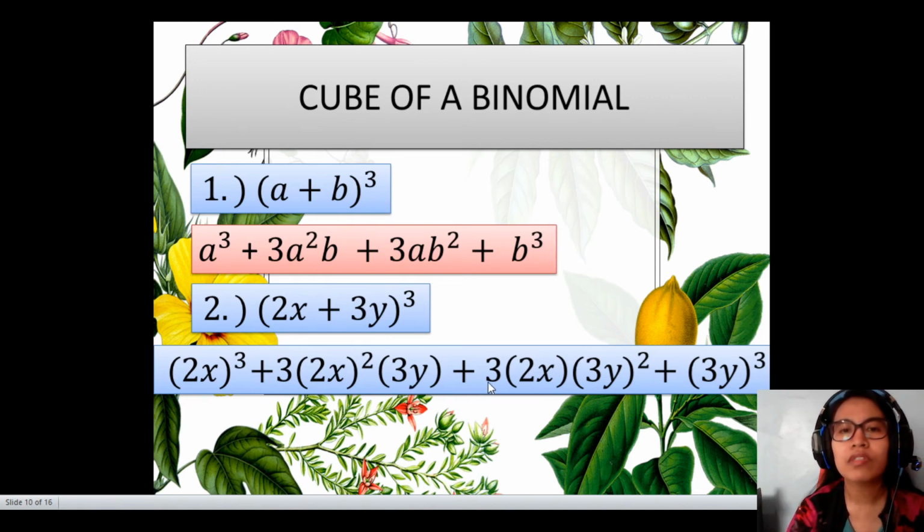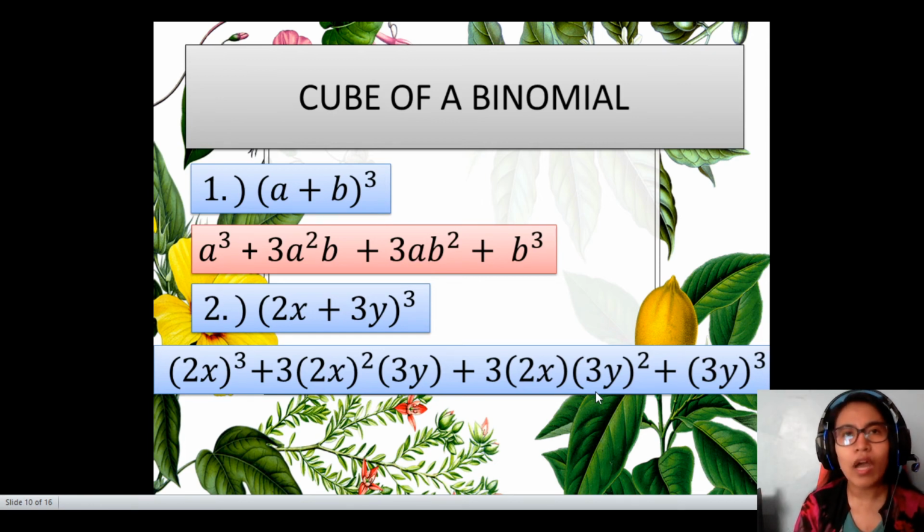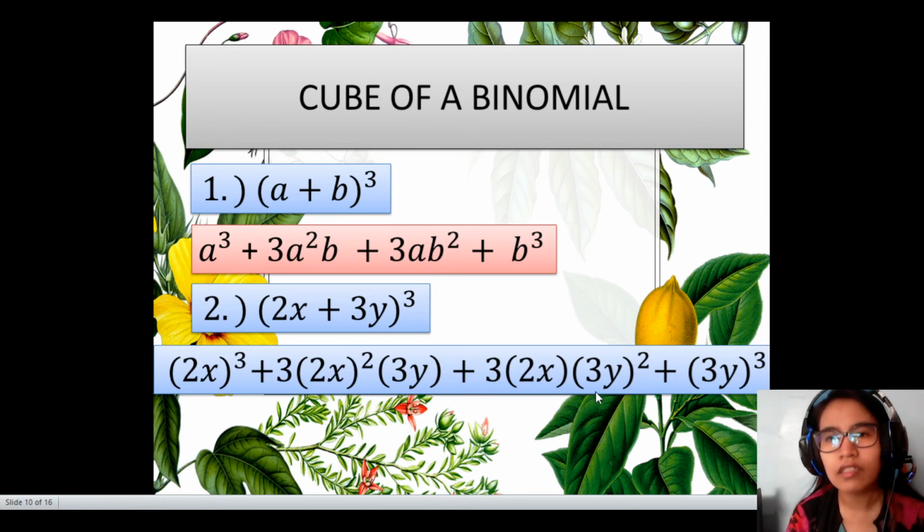Then for our third term, again, to not be confused, just square this first. 3 times 3 will give me 9y squared, because y should be squared again. 9y squared, then that to be multiplied to 2x will give me 18xy squared.